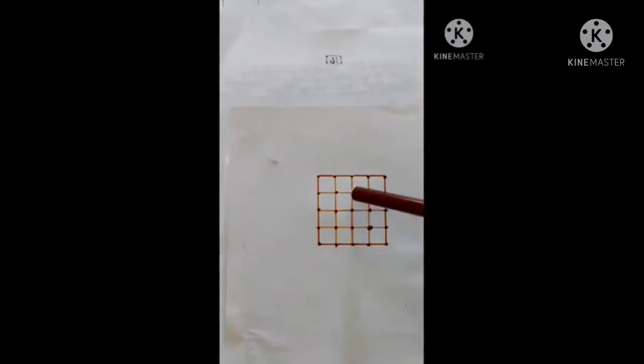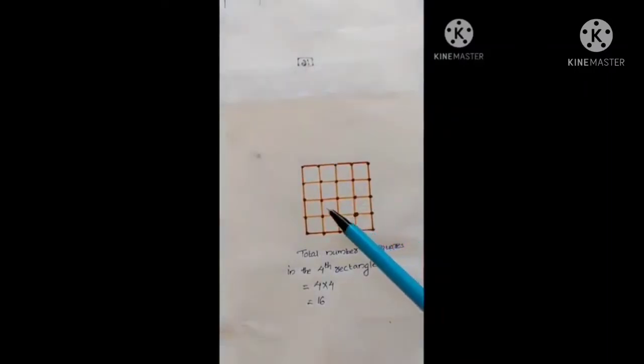There are 4 rows. In each row, how many squares? 1, 2, 3, 4. 4 squares are in each row. Then the total number of squares in the fourth rectangle is 4 into 4, that is equal to 16. Here we can see 16 small squares.